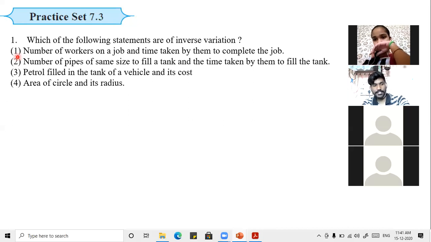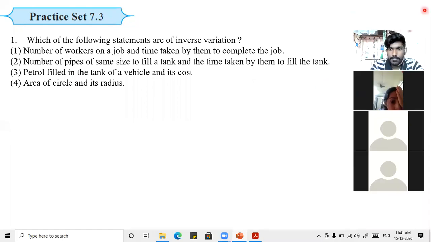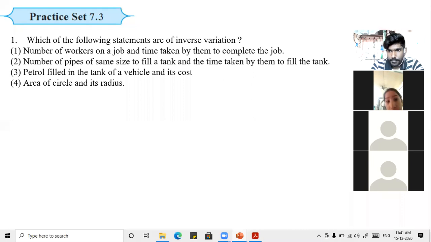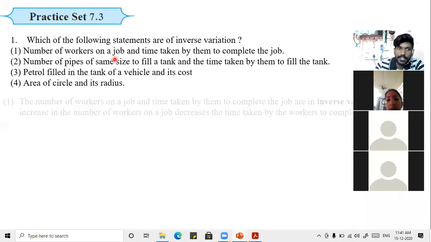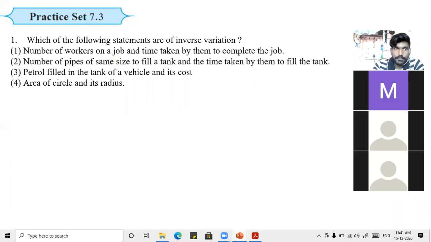This is exercise 7.3, the first sum. Which of the following statements are of inverse variation? We just have to read the statements and tell which of them are in inverse variation.